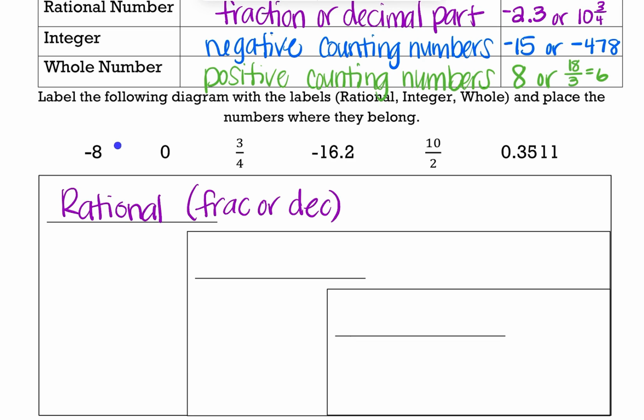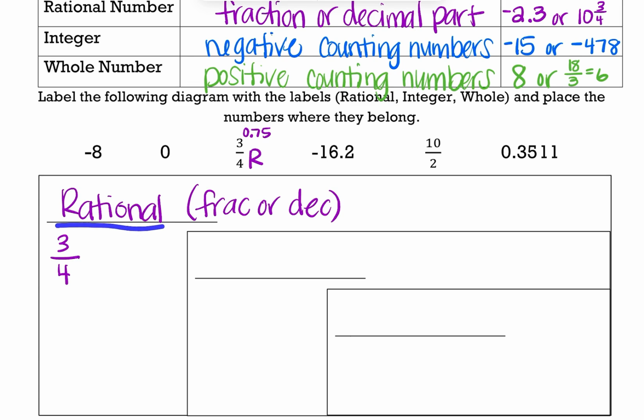I'm looking, and no, that's not a fraction or a decimal. No, that's not a fraction or a decimal. Oh, ding, ding, ding. There's my first one. I'm going to grab 3/4. I'm going to label it with an R for rational, and I'm going to put it in my rational circle because I know if I divided, I would get 0.75, which is in fact a little decimal part, and that belongs in rational.